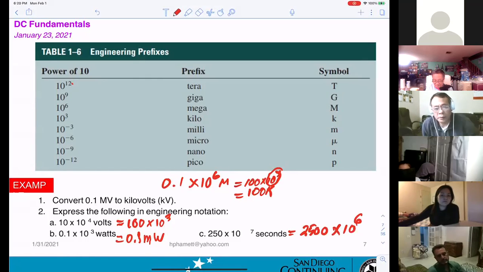Since B is 0.1 kilowatt, not milliwatt. It should be kilowatt. Is it kilowatt? Yes. Okay, so 0.1 kilowatt, you're right.